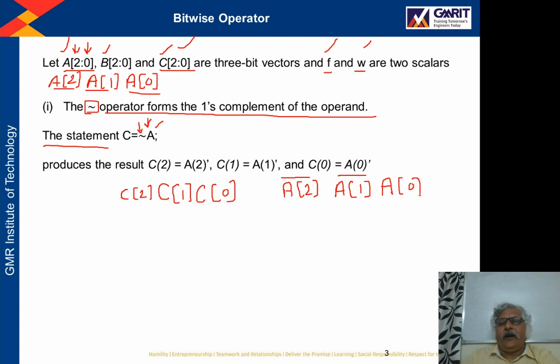These values will be assigned to C, because in between there is an equal symbol. So for the assignment, what will happen?